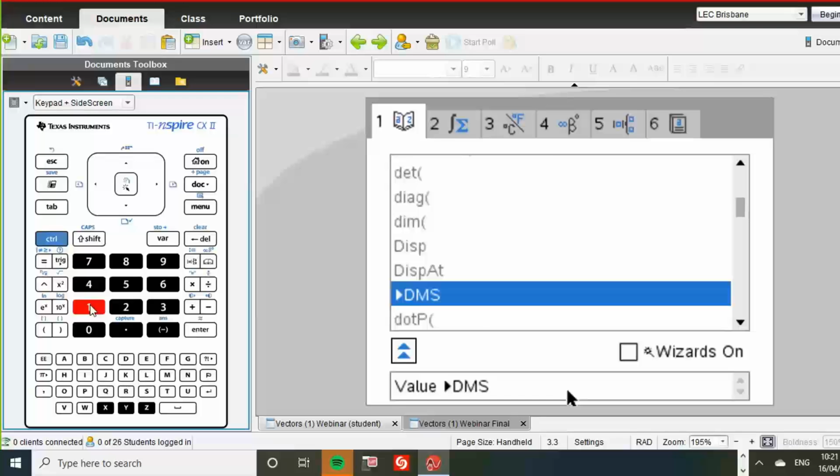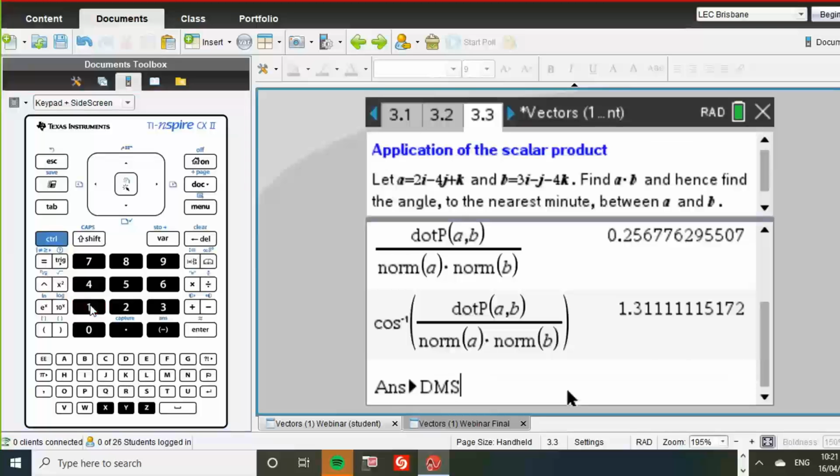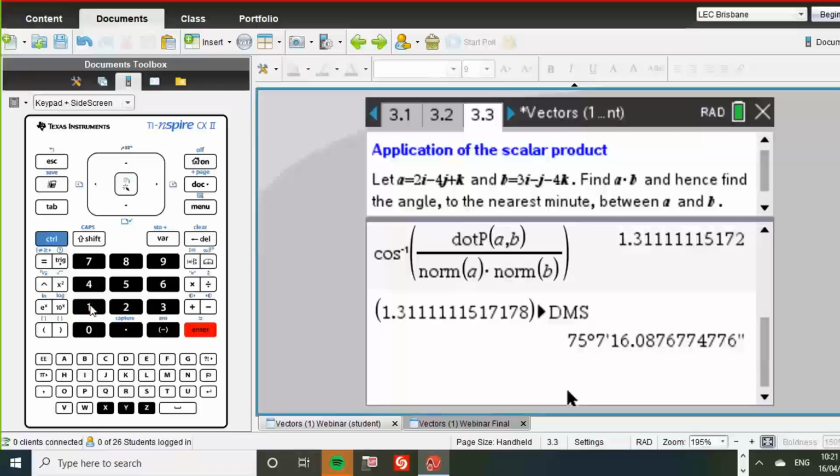So if we press enter, it says, let's take the answer and convert it into degrees, minutes, seconds. We do that, and to the nearest minute, that's 75 degrees, 7 minutes. Notice that that is an acute angle, and it makes sense because the dot product was a positive value, greater than 0.